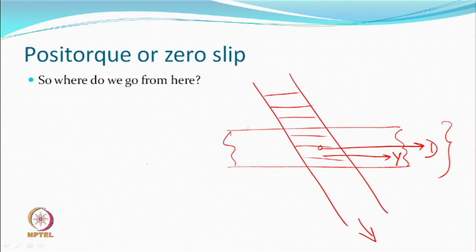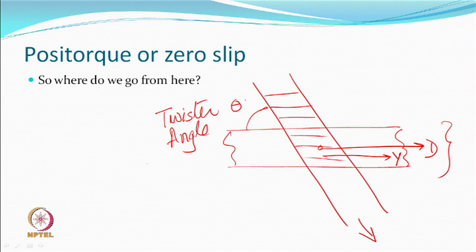So, originally people thought what are you talking about, but what it does is this: if you appropriately put it, this is now the twister angle, which is not 90, but some angle, let us say some theta.